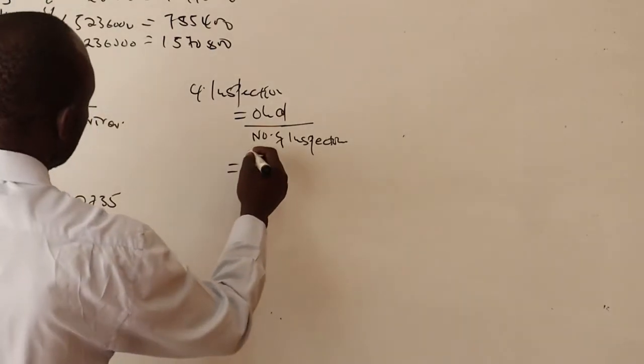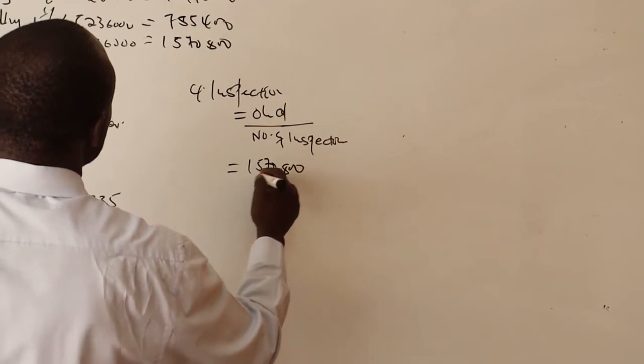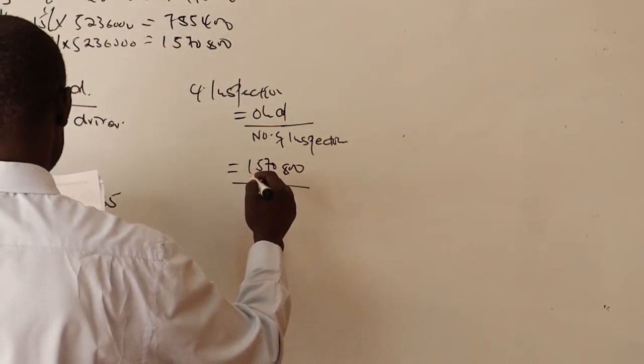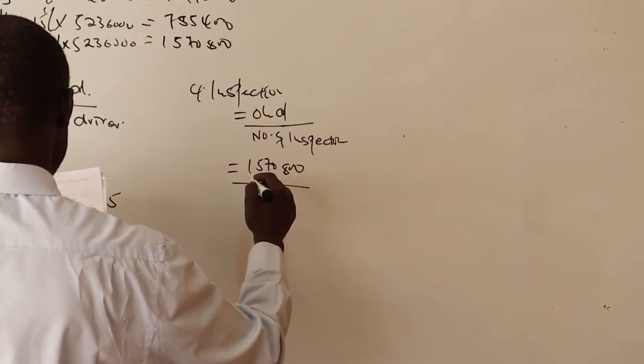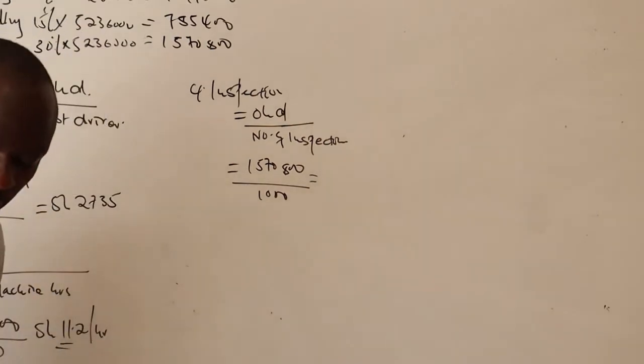The overhead here is 1,570,800. The number of inspections is 1,000.